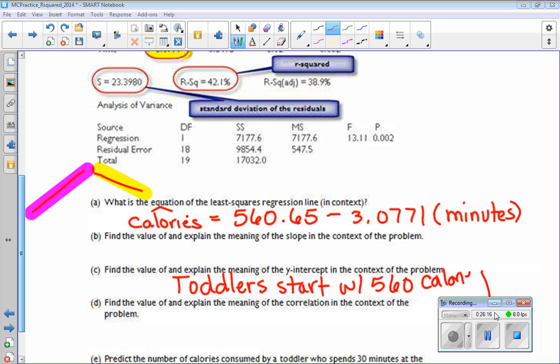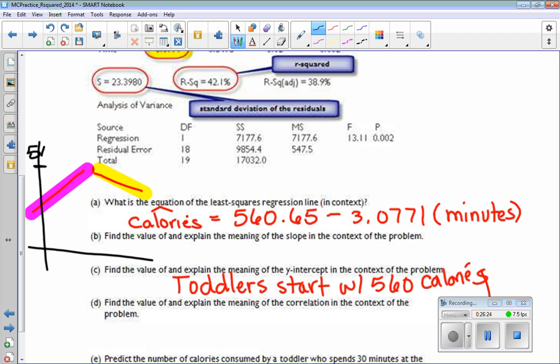That is the starting point. That is the y-intercept, the value on the axis here. They've eaten something beforehand, so now we have 560 calories in our bellies. Now what are we going to do? I'm going to start throwing food.